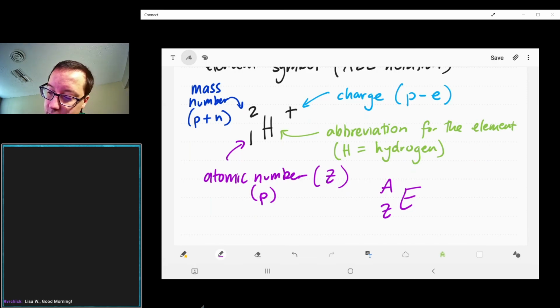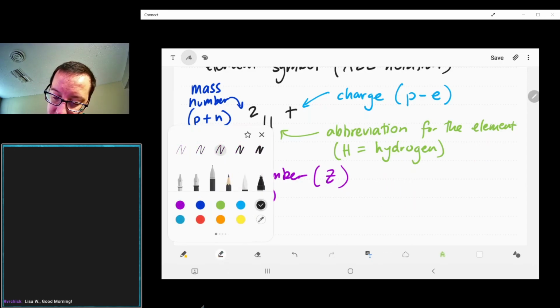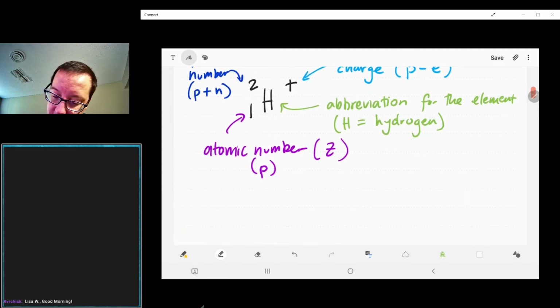So, let me just get rid of this so I have more room here. Let's see if we can figure out what the number of all of these is going to be. Hopefully, one of them will be easier than the others, which would be the protons, right?